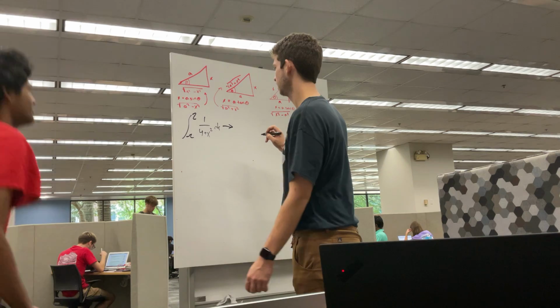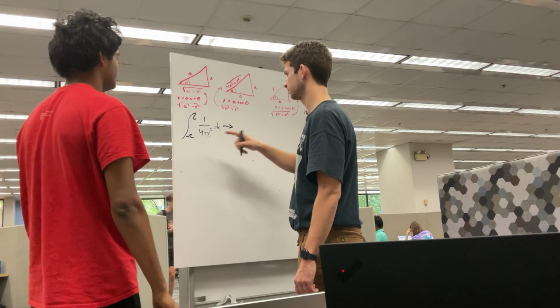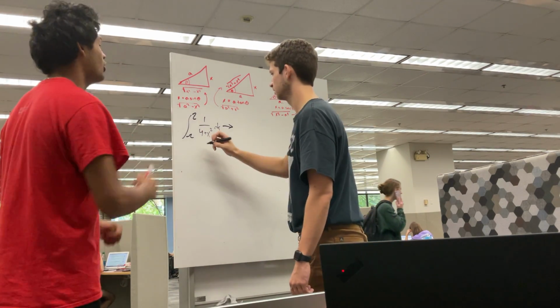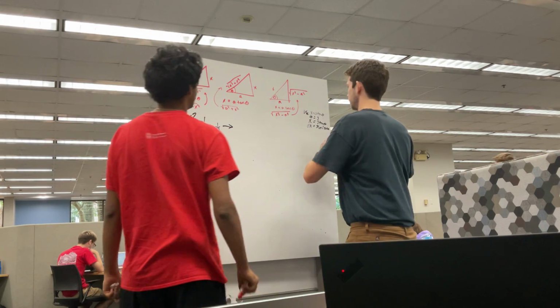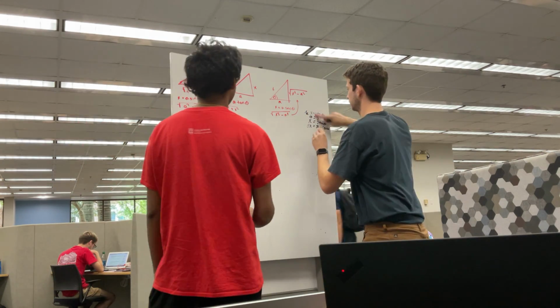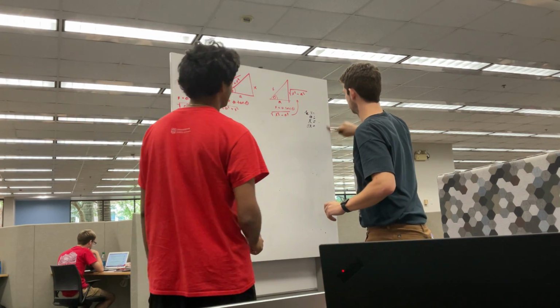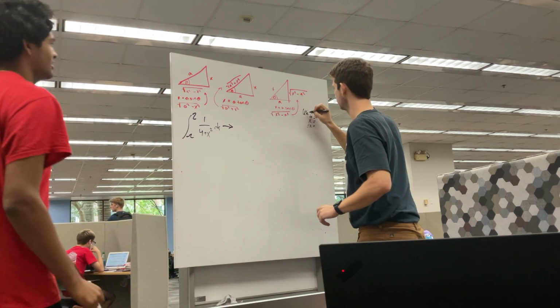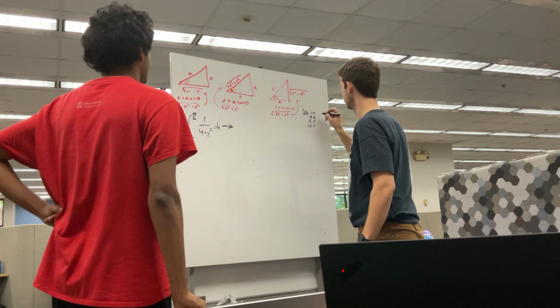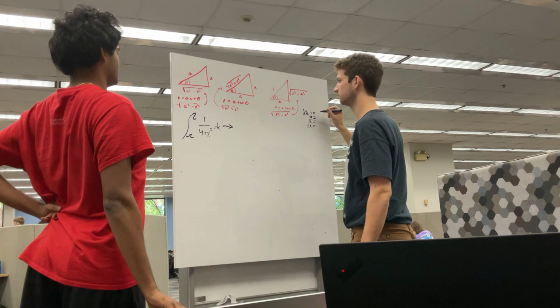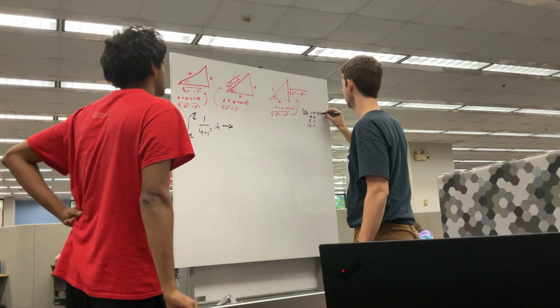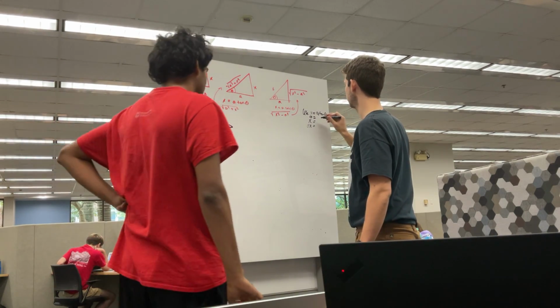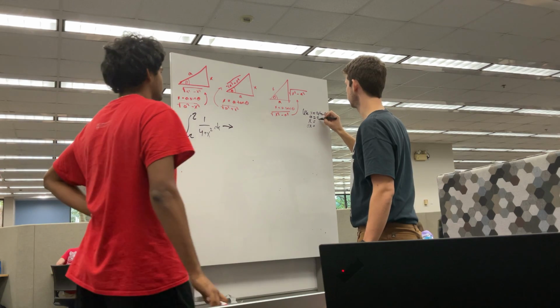Let's do it. a is going to be equal to 2. I would also erase that at the end. You can also just replace it, actually. Perfect. x is equal to a tan theta, and a is equal to 2.